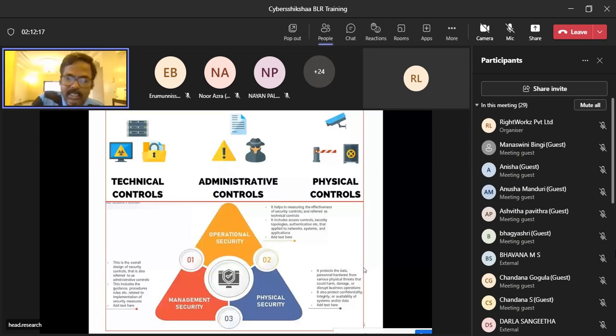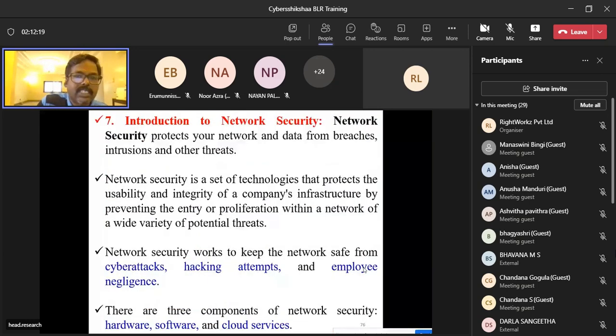And these are the various aspects of introduction to network security. Network security protects your network, at the network level, providing security to the data from breaches, intrusions and other threats. Network security is a set of technologies that protects the usability and integrity of a company's infrastructure by preventing the entry or proliferation within a network of a wide variety of potential threats.